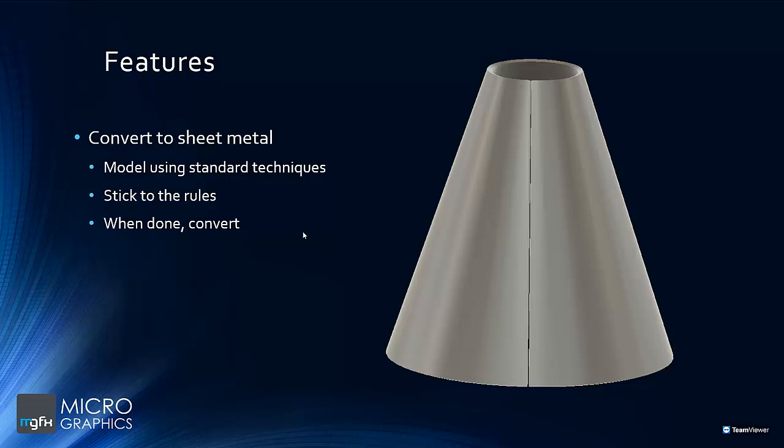Once your components are done, you can then use the convert option to convert them into a sheet metal component. One of the caveats here is that you do need to have a flat surface that you can select for this to be able to work. So in the case of the cone shown here in the image, one of the portions of that cone is flat to allow it to then be converted and opened up.